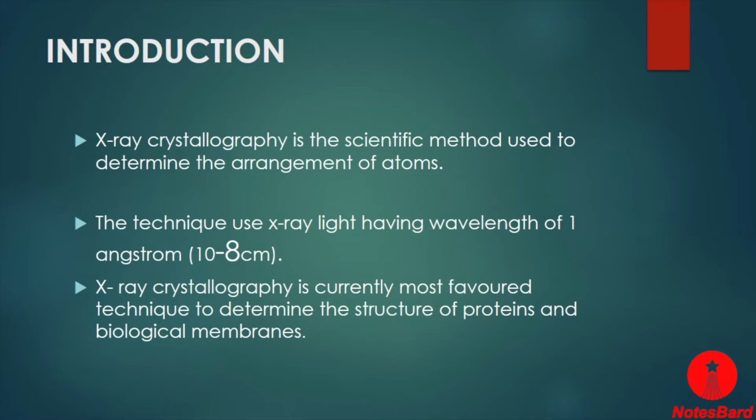In the present scenario, X-ray crystallography is the most favored technique to determine the structure of different proteins and biological membranes in the field of biology or molecular biology. Besides this, the method is used to determine the structures of different metals or other crystal forms.